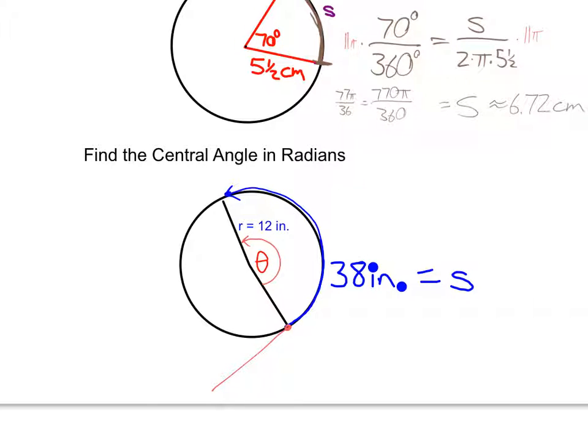So I'm going to set up a proportion, and I say, okay, I want my angle out of the full circle 2 pi to equal the arc length 38 inches over the full circumference. What would the circumference be here? 24 pi. Good, 24 pi. 2 pi r is 24 pi.